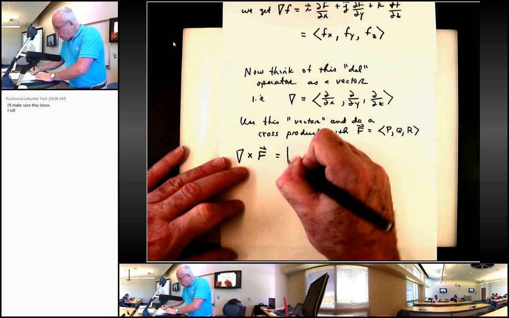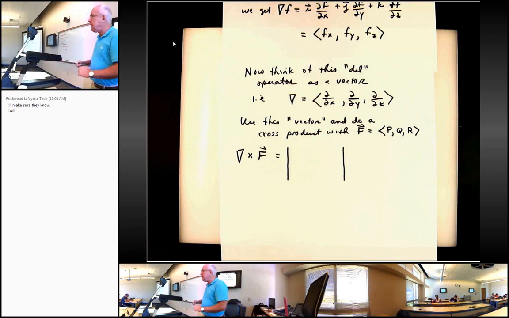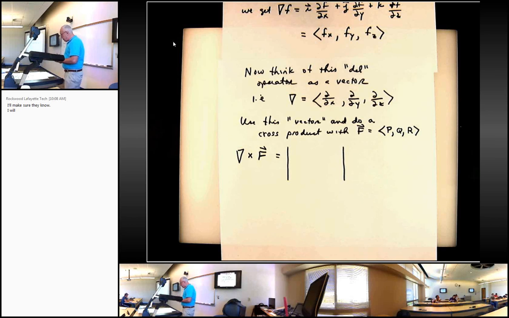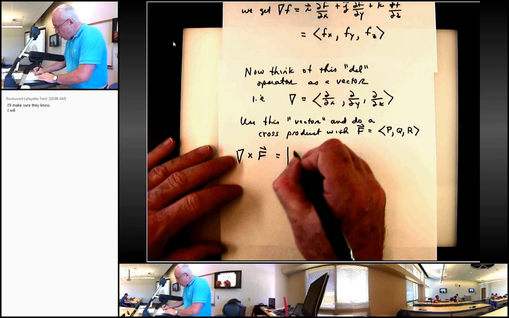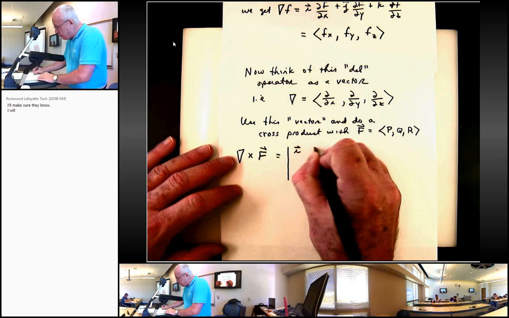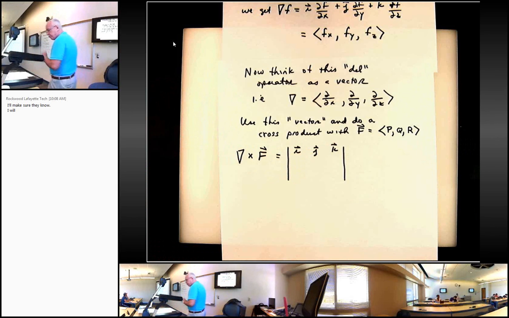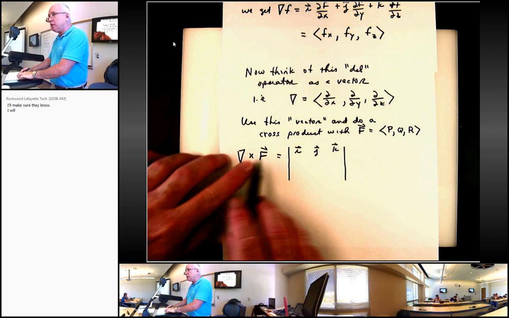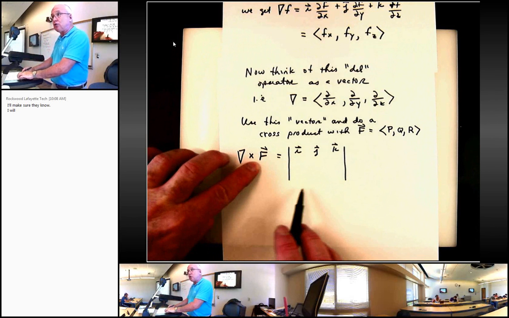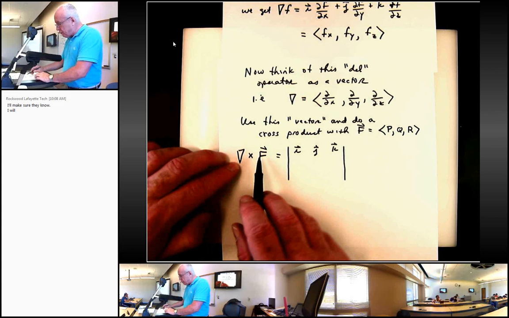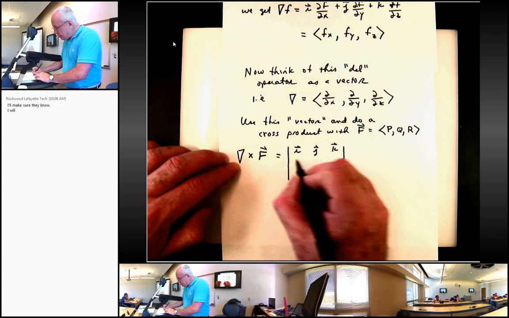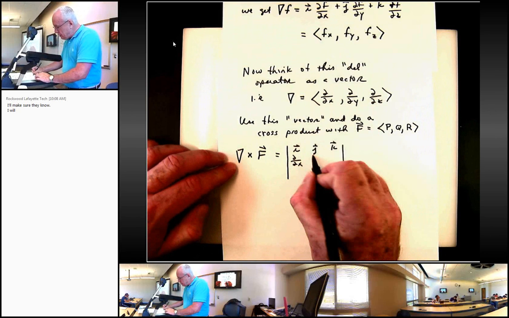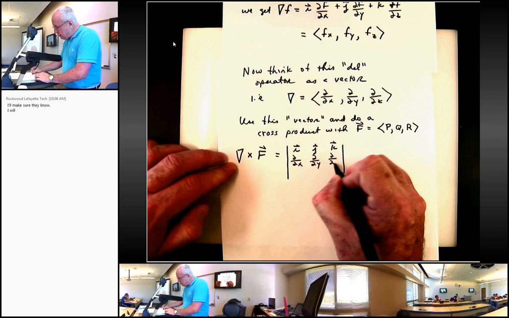Now, you have to remember from when we did the cross product of three-dimensional vectors how we did this. Remember, we put our unit vectors i, j, and k in the first row, and then we put the components of the first vector, and then the components of the second vector in the next two rows. Now, this first vector is just delta, delta x, delta, delta y, delta, delta z.